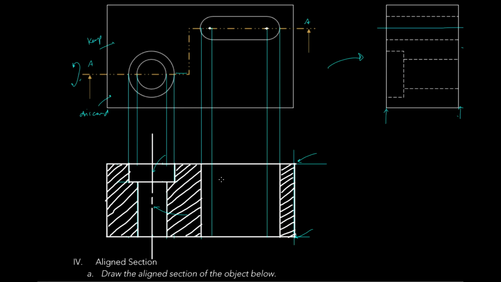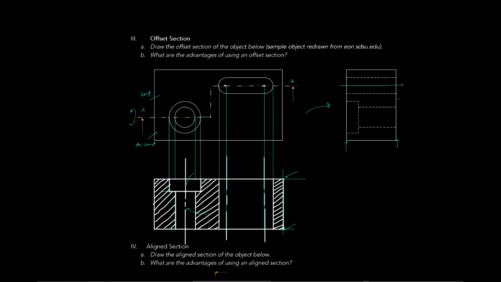Pero for this case, I'll just show it, no? Parang ganyan. So, I can show na ito yung curvature na yun. Okay? I'll make it more consistent, no? So, pwedeng ganyan yung magiging final answer ko.